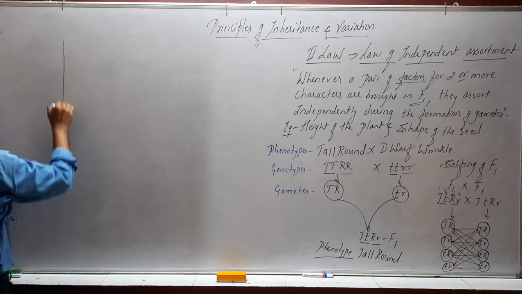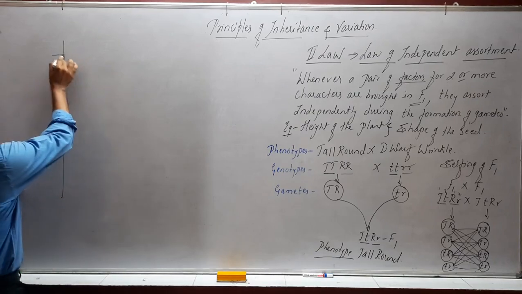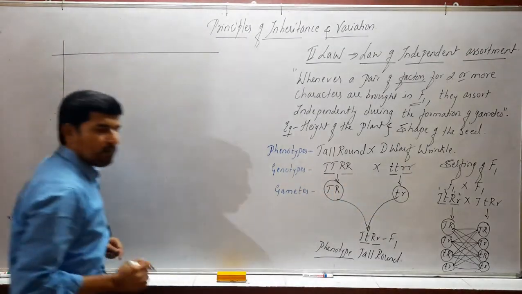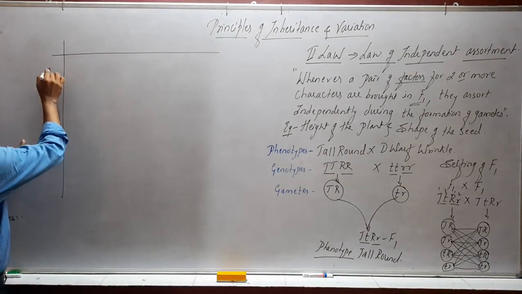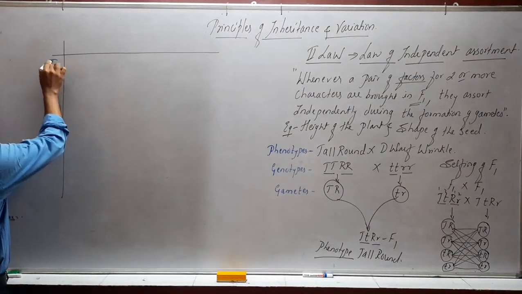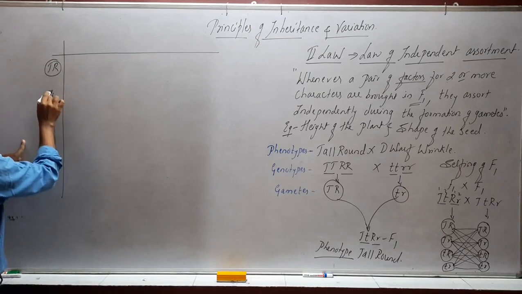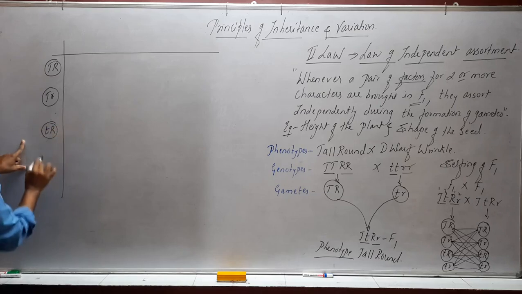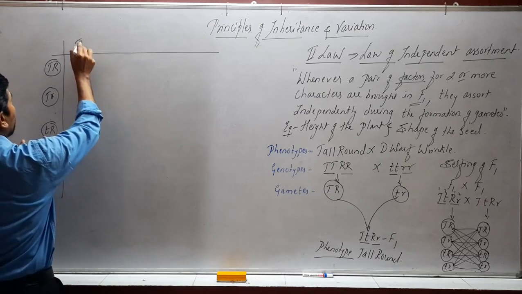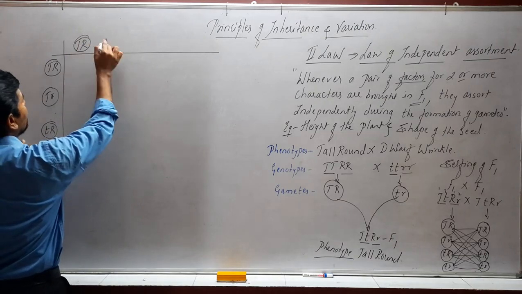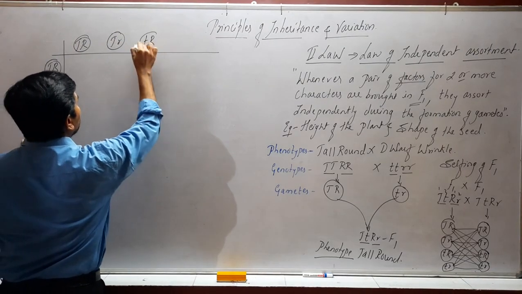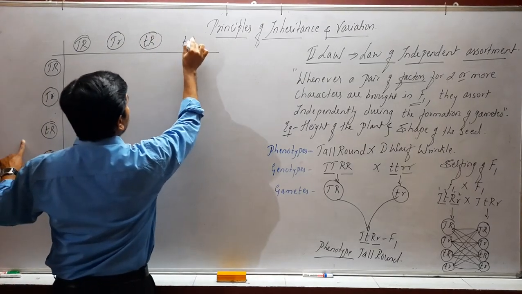Now in the checkerboard what we are going to do is we are going to write the gametes here. What are the gametes? One is capital T, capital R, round; capital T, small r, round; then small t, capital R, round; small t, small r, round. This side, capital T, capital R; capital T, small r; small t, capital R; and small t, small r, round.